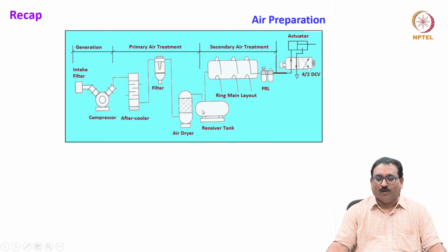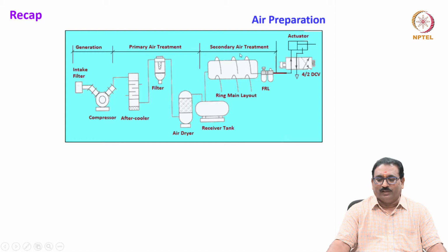There is always a link between the receiver tank and the motor or compressor, because you should not run the compressor continuously. It leads to various losses. Today we'll discuss what these are. Then once the air is stored, it should be distributed to the pneumatic machine tools or air tools.